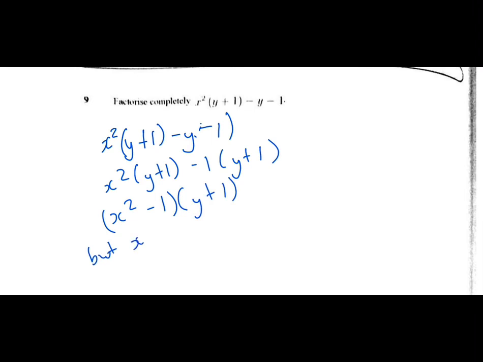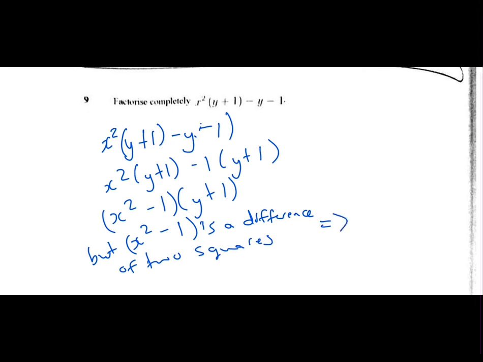We can already notice that x squared minus 1 is a difference of 2 squares. Remember that the difference of 2 squares has two brackets separated by one being positive and the other one being negative.